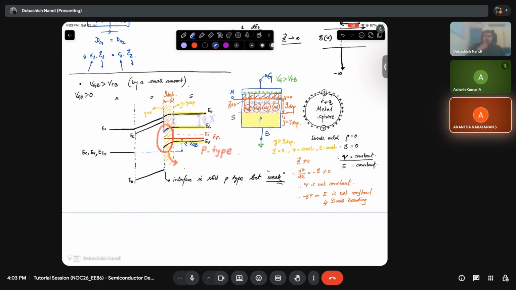That is what I was trying to convey. Understand both diagrams side by side, and you will get a clearer picture. But remember, so far I do not have an N-type interface yet. I still have a P-type interface, but it is getting weaker and weaker.